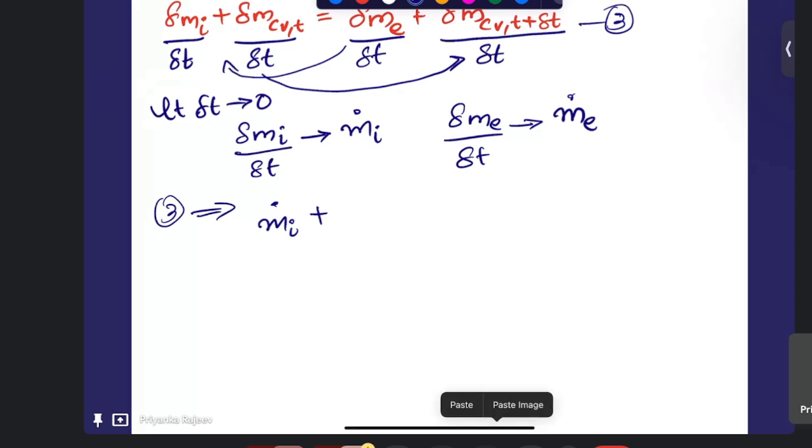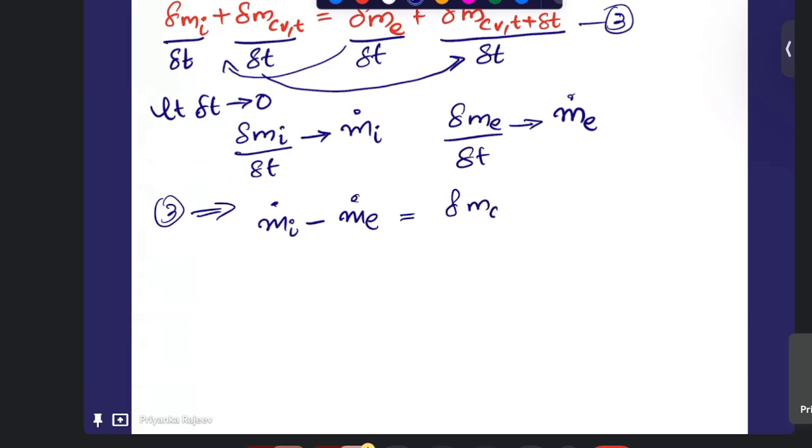I'll be getting Mi dot minus Me dot equal to delta MCV at t plus delta t minus delta MCV at t, divided by delta t.